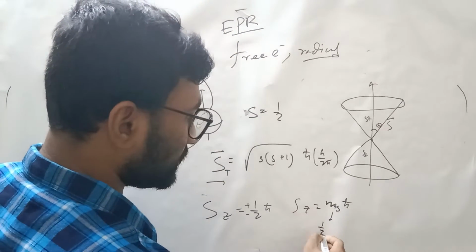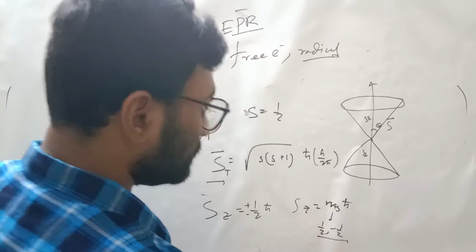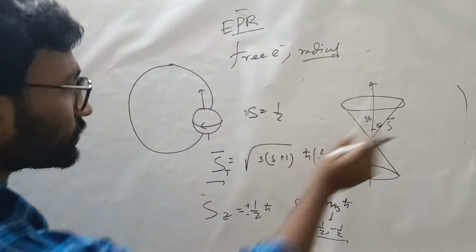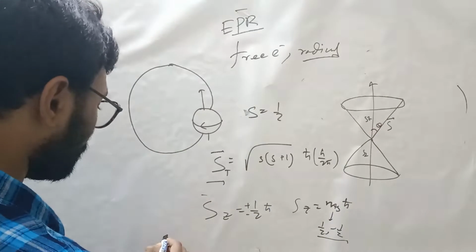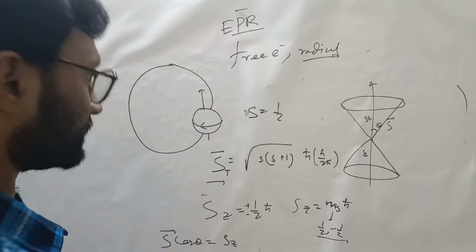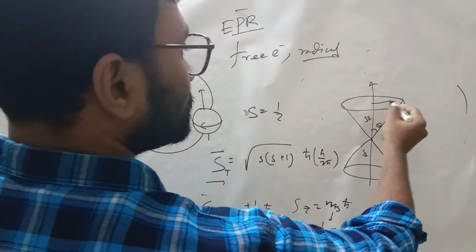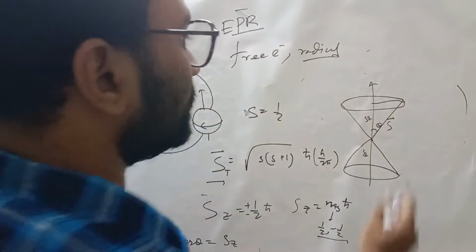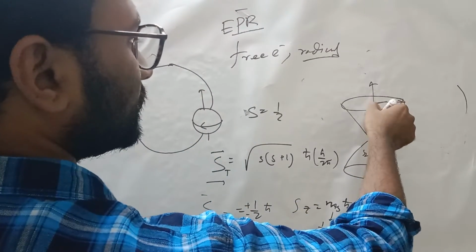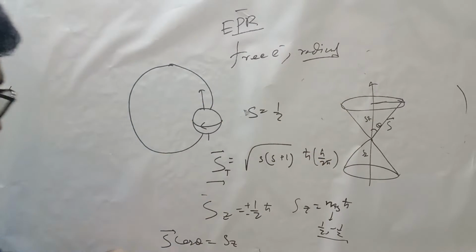So S can have only two orientations. According to the definition, S bar cos theta equals Sz. If you apply that formula, you can understand: the base is z, so cos theta gives z.